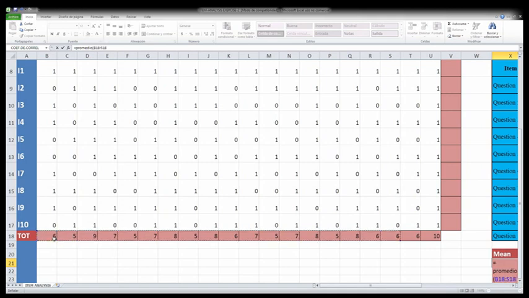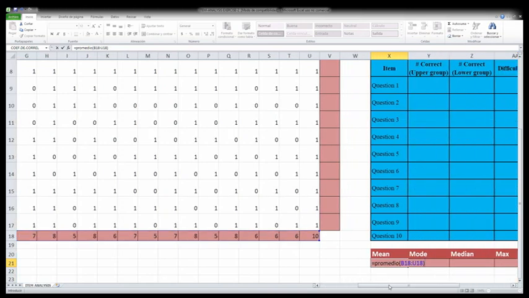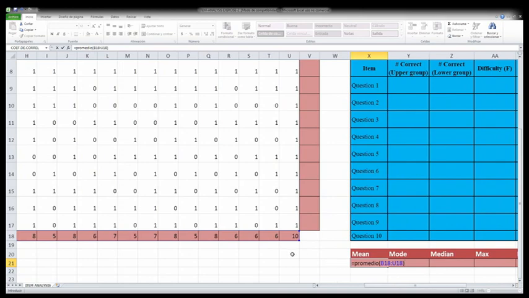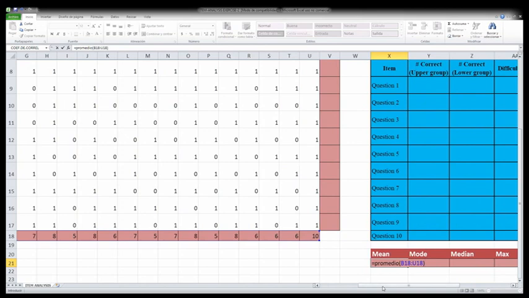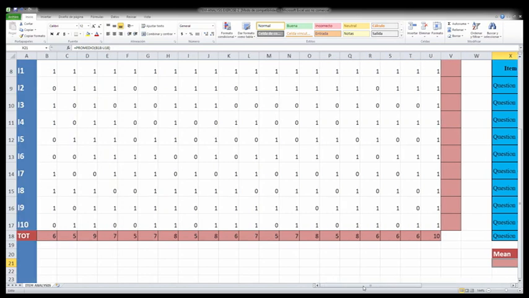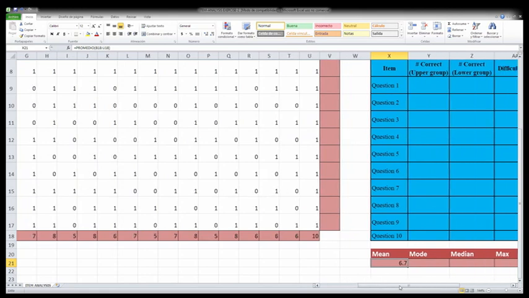I close the parentheses. You can see the formula there, and the cells have been selected. I want the average of the total scores that the students have. And so my mean is 6.7. That is the mean score of all of the 20 students that we have here.